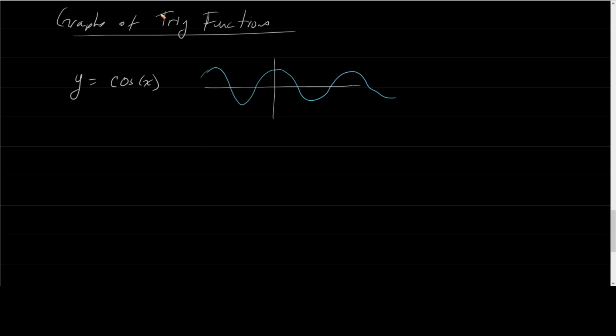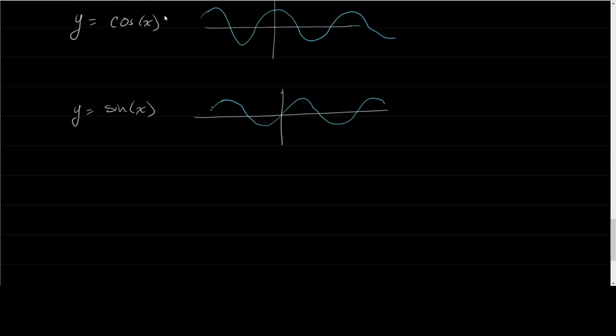If I have y equals sine of x, then I end up with something very similar to the cosine, but it starts at 0 instead of at 1. And lastly, let's look at tangent of x.